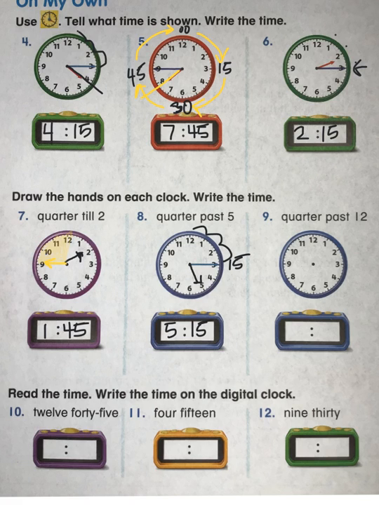Okay, let's look at number 9. A quarter past 12. So this one looks just like number 8 did. So on number 8, where was my minute hand? It was on the 3. So in this one, it's going to look just like that. My minute hand is going to be on the 3. The longer one is the minute hand, remember?